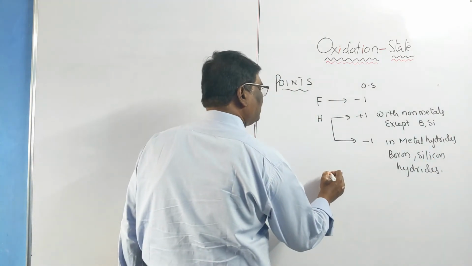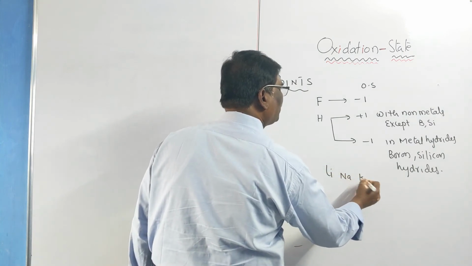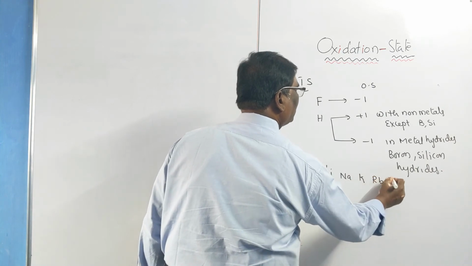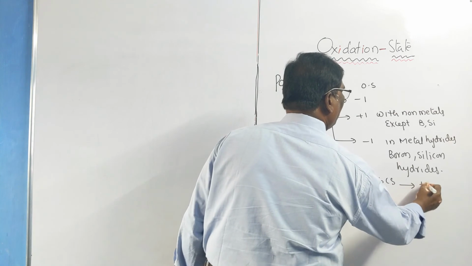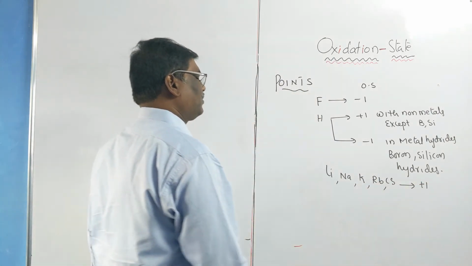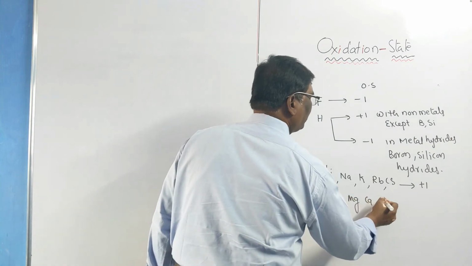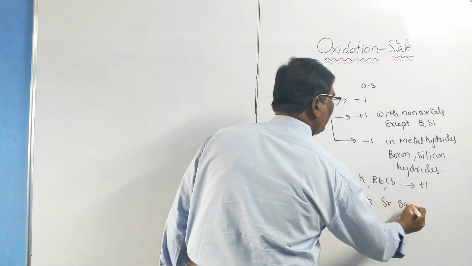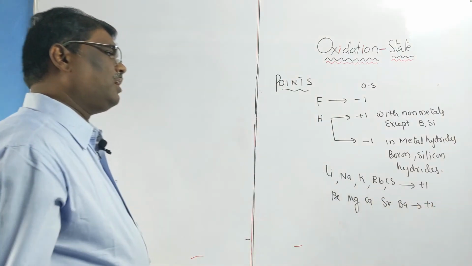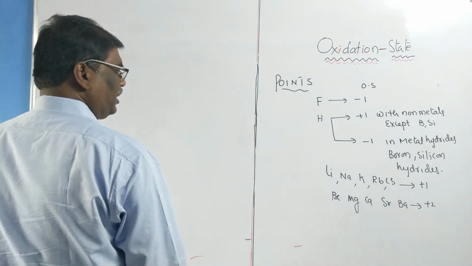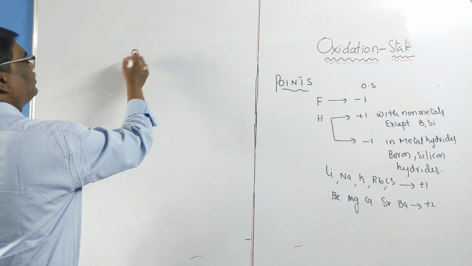One more point: for lithium, sodium, potassium, rubidium, cesium, the general oxidation state is plus 1. For beryllium, magnesium, calcium, strontium, barium, the general oxidation state is plus 2. Now the interesting one is oxygen.